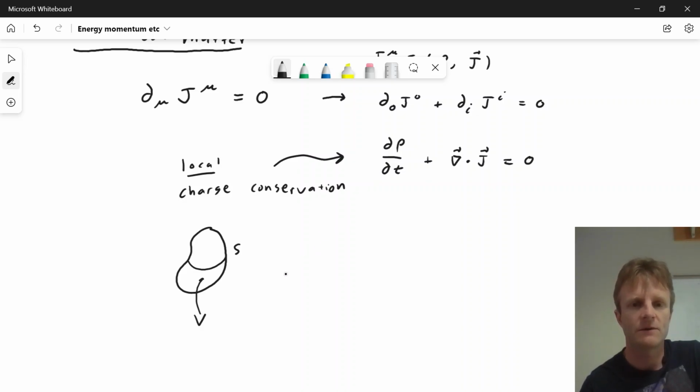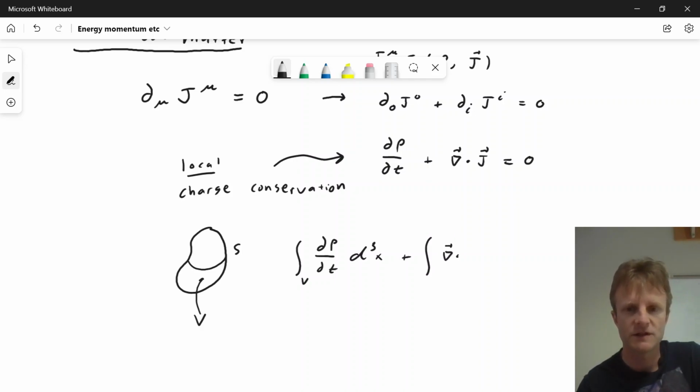And we take our equation and we integrate it over the volume: integral of d rho dt d3x plus integral of divergence of J d3x.